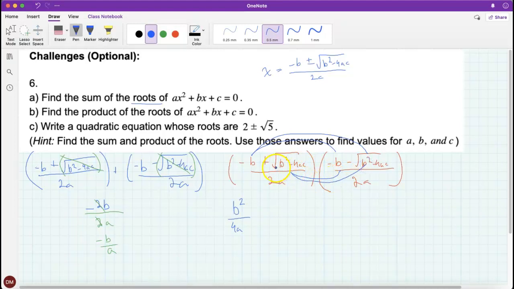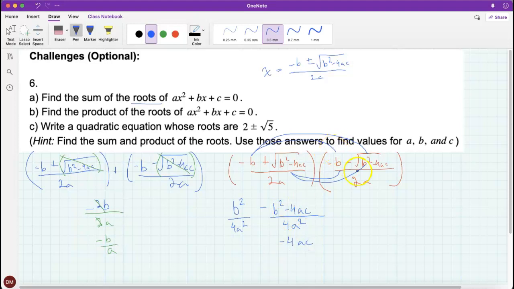And then finally at the end, it's going to be a negative, and it basically cancels out the square root. So b squared minus 4ac, that's all over 4a squared. Okay, so let's simplify this. b squared minus b squared, that's gone, right? So we're going to have negative 4ac.